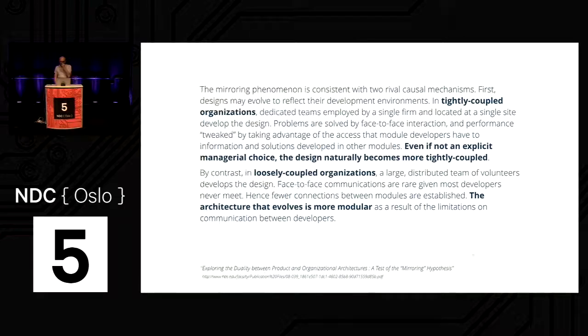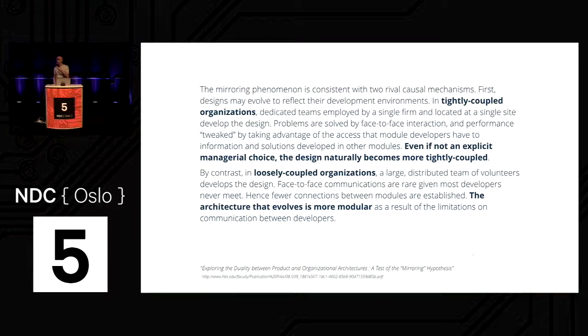And this is what they came up with. This is another excerpt. The paper had a very snappy title, Exploring the Duality Between Product and Organizational Architectures: A Test of the Mirroring Hypothesis. And what they came up with is highlighted: in tightly coupled organizations, even if not an explicit choice, the design naturally becomes tightly coupled, and in loosely coupled organizations, the architecture that evolves is more modular over time.